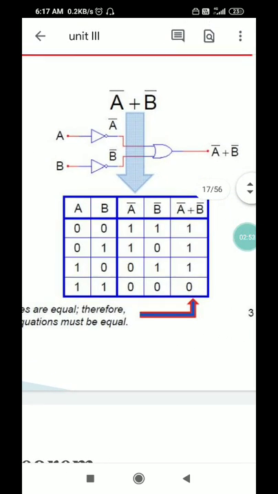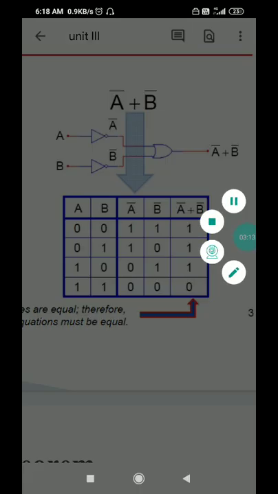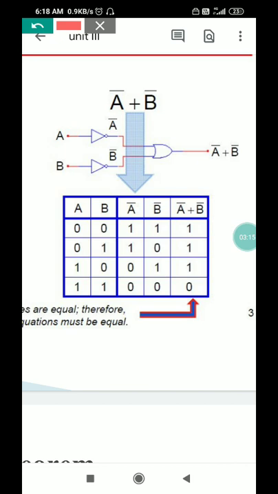Now we will find a bar plus b bar. A bar plus b bar is actually an OR gate which has two inputs, a bar and b bar. So the truth table is prepared here. We have two inputs, a and b, then take the complement, a bar and b bar, and then find the output of the OR operator.